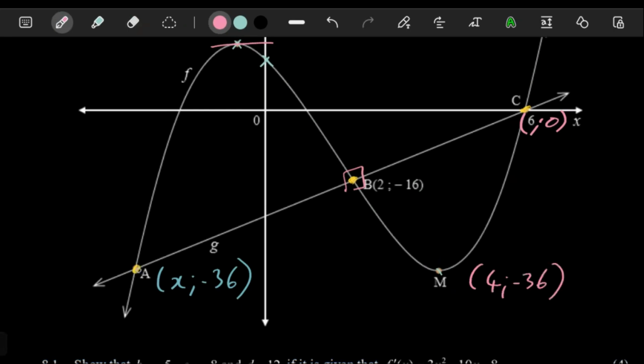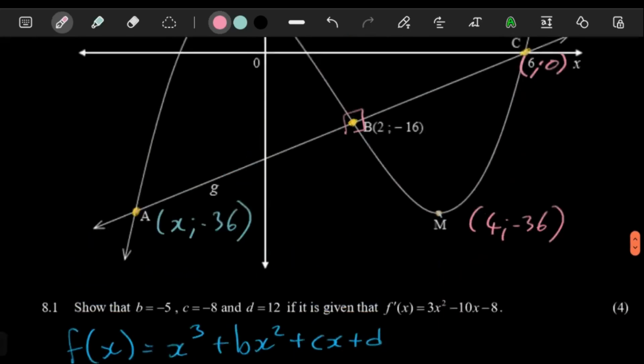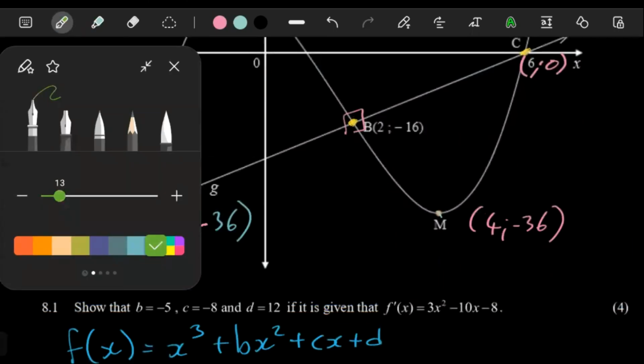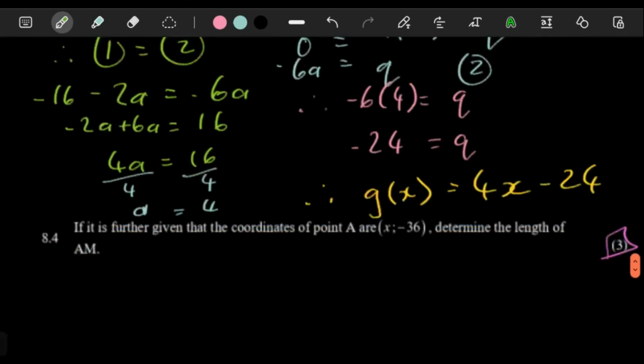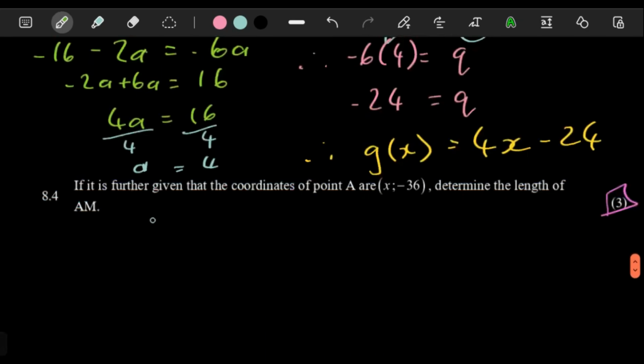So to get the distance between A and M, all we need is the x value of A. Because as long as we have the x value, we can just compare the distance between the x values. And fortunately, do you see that A is a point where the straight line passes through? So that's our bingo right there. Because in the equation of our straight line, we can just put negative 36 as the coordinate for the y value, and then we can just get the x value.